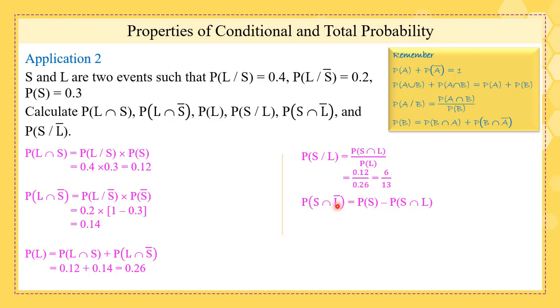So S intersection L bar is P of S minus P of S intersection L. Applying the total probability rule, it will be 0.18. And try finally to find the probability of S given L bar. It will be S intersection L bar over L bar. By substitution, this would be the final answer.